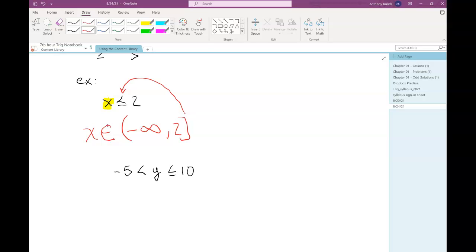That symbol just means x is a member of this interval, this set, is all that's saying. Because the next problem, instead of using an x, what are we going to use? Y. A y, because the variable in the next example is a y. So this one will start with y is a member of the set. Everybody's okay with that notation?